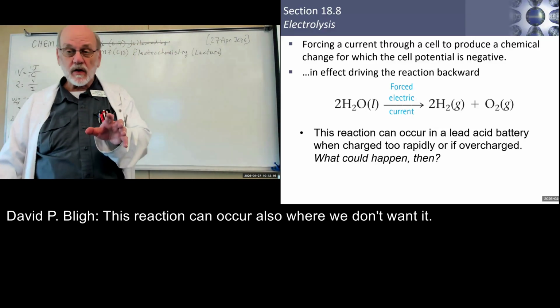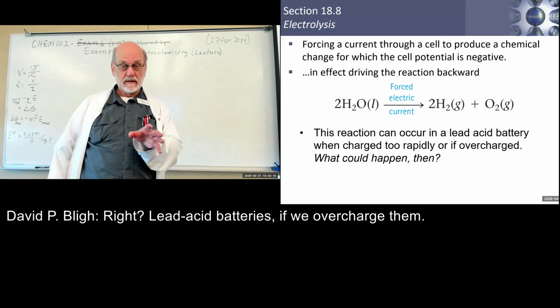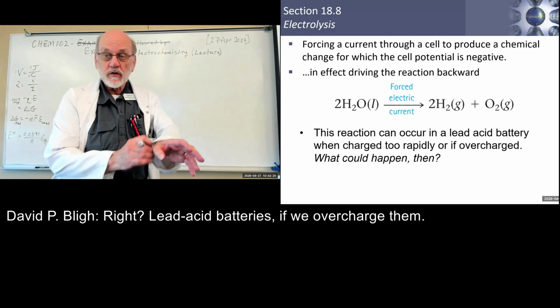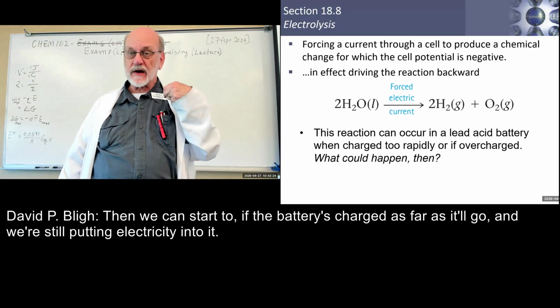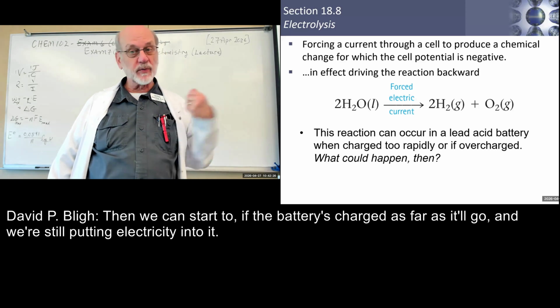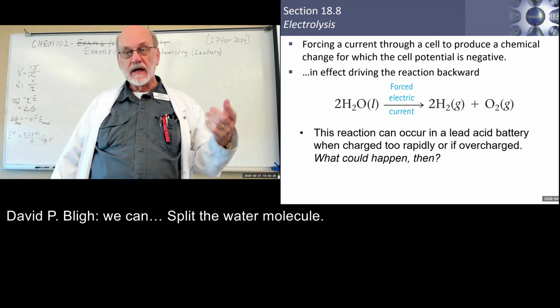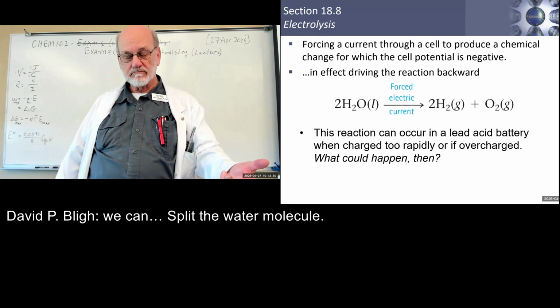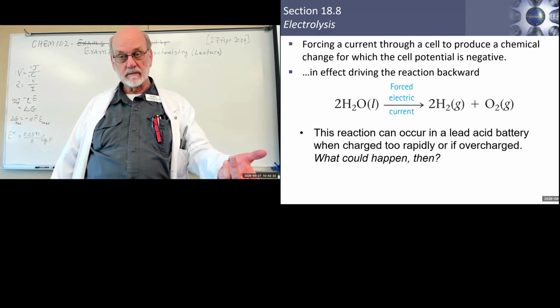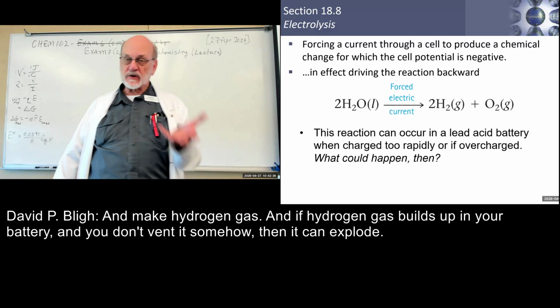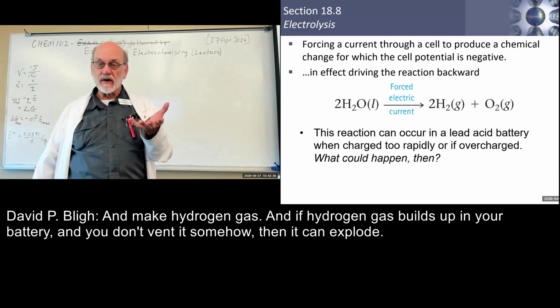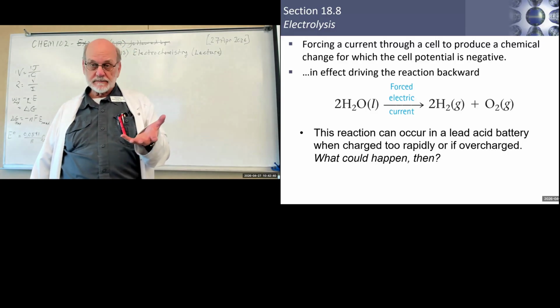This reaction can occur also where we don't want it. Right? Lead acid batteries, if we overcharge them, if the battery is charged as far as it'll go, and we're still putting electricity into it, we can split the water molecule and make hydrogen gas. And if hydrogen gas builds up in your battery and you don't vent it somehow, then it can explode.